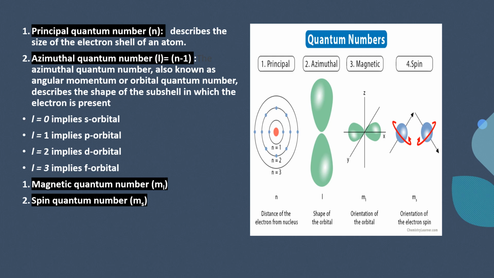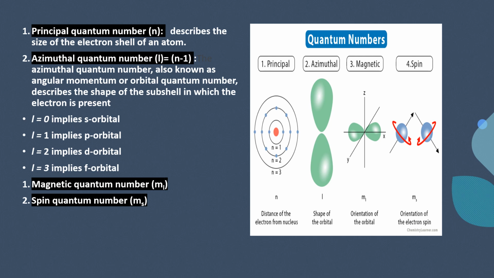The azimuthal quantum number is s or p, which helps us find the further atomic orbital. What is the formula? l equals n minus 1. For the 1s orbital, n equals 1, so 1 minus 1 is equal to 0. 0 means s orbital.